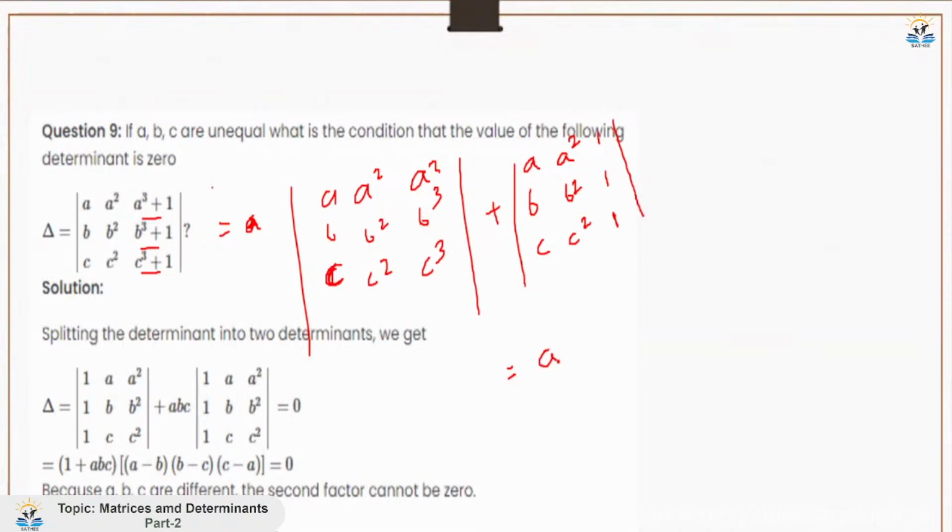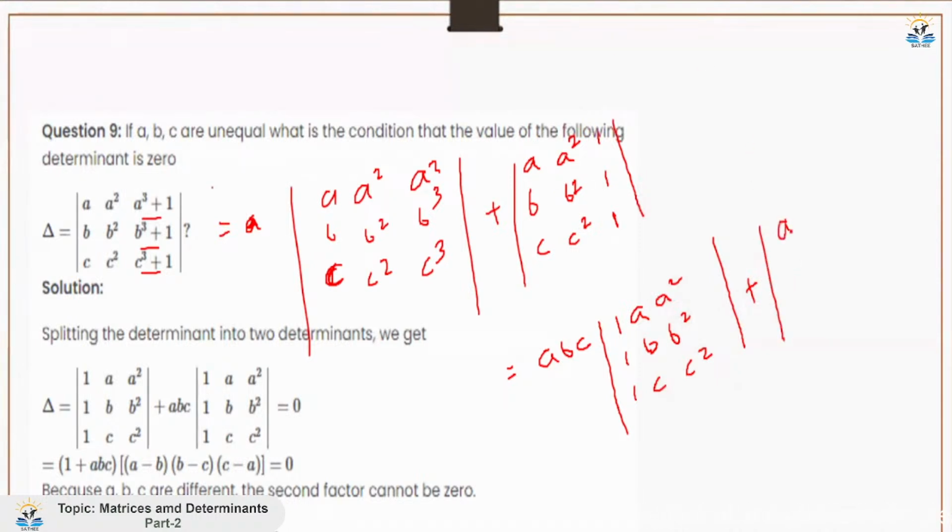So you will get ABC, 1, A square, 1, B square, and then 1, C square, plus what you can do here is, you have to write it directly because you are getting nothing common.